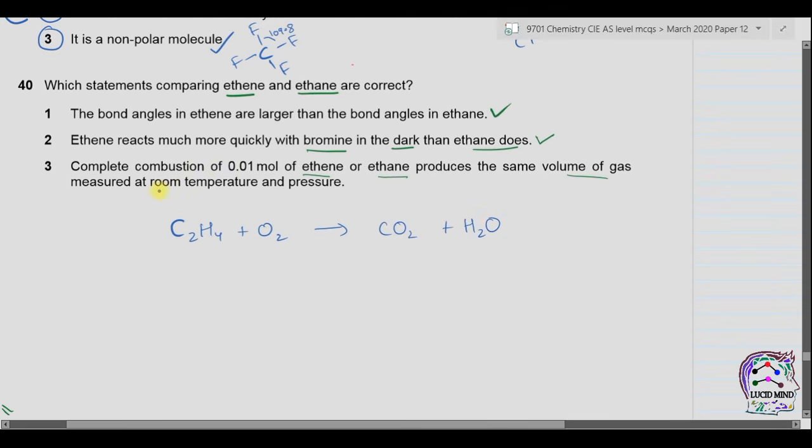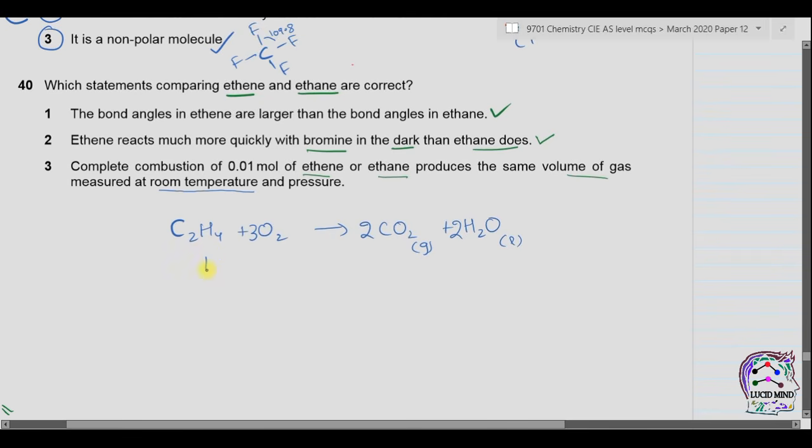As in the question, it says that measured at room temperature. So when there is room temperature, then water molecules will be converted into liquid form. So the only gas that is left is carbon dioxide gas. Let's balance out this chemical equation. We have 2 carbon atoms on the reactant side, so 2 carbon atoms on the product side. And then we have 4 hydrogen atoms on the reactant side. Let's balance the number of hydrogen. Now there are 6 oxygen atoms in the product, so we can write 3 with oxygen.